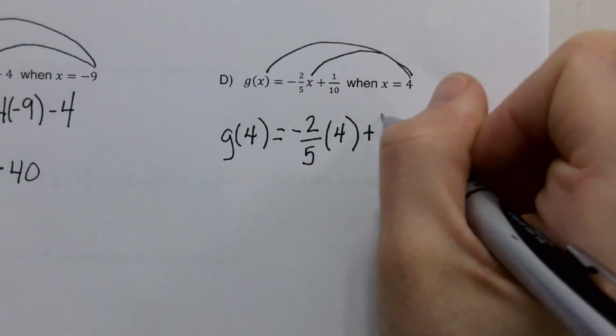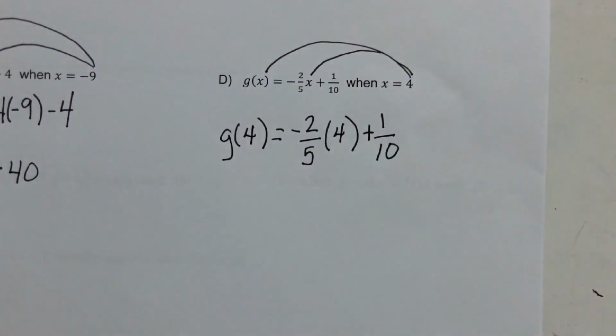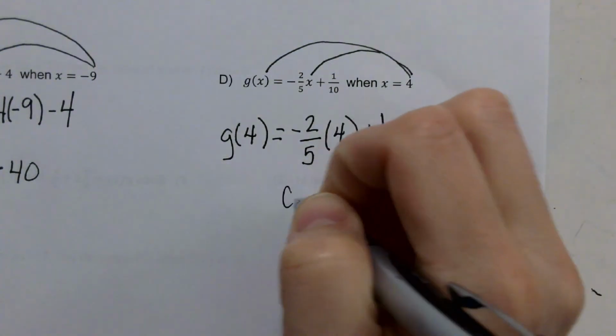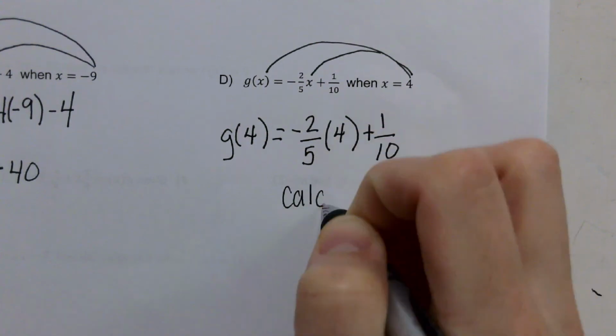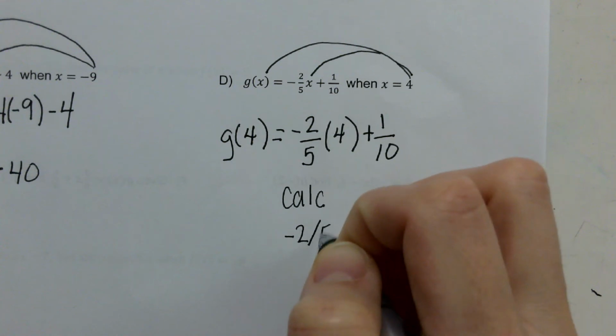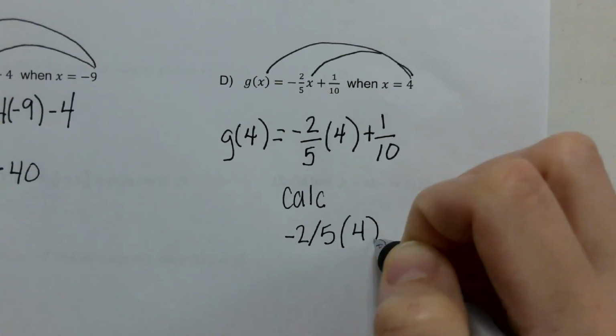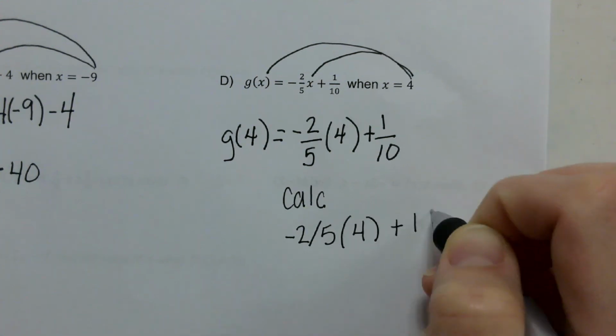plus 1/10. Now when you type this into the calculator, you're going to type in -2 divided by 5 parentheses 4 plus 1 divided by 10.